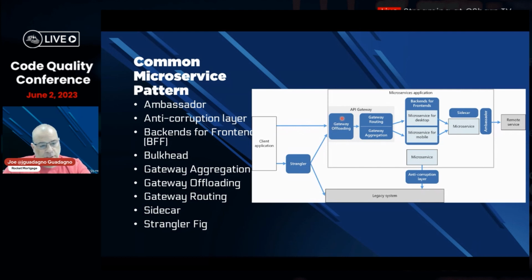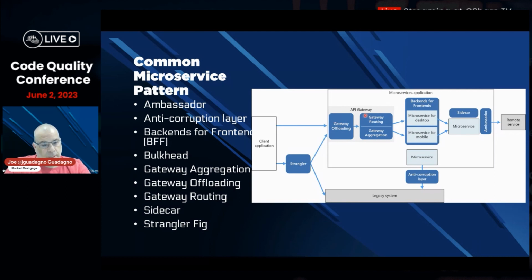So the first thing you see in our microservice application, let's just assume this is the account service for now. We have this gateway offloading pattern, which basically allows the microservice to offload shared functionalities such as SSL certificates, API gateway monitoring, that kind of stuff.